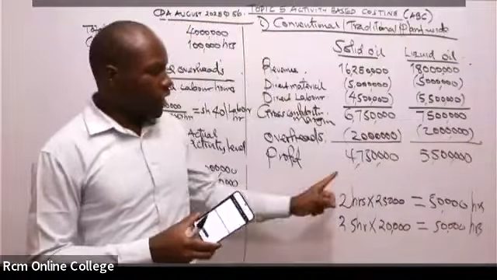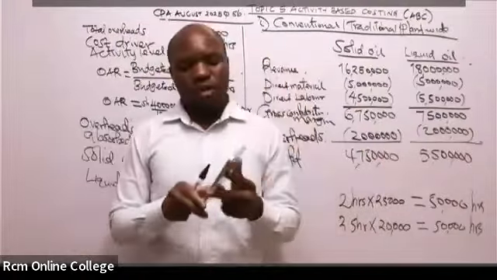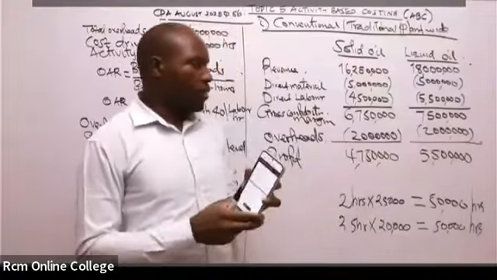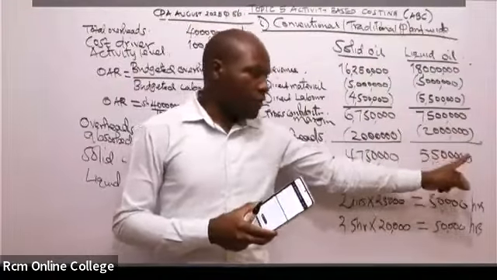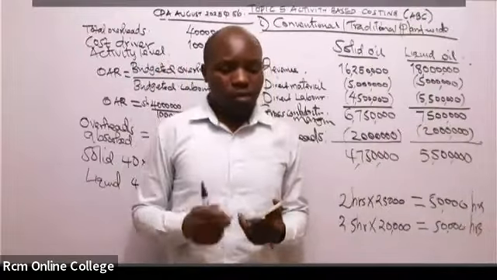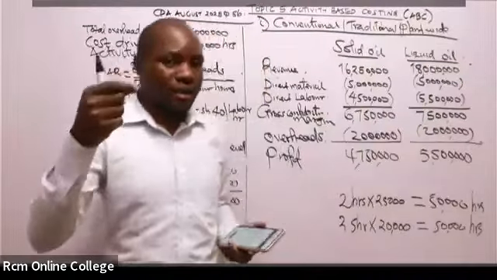The budgeted profit of 4,750,000 is for 25,000 liters of the solid oil. The 5,500,000 is for the 20,000 liters of the liquid oil. But in exams, we are required to get profit per liter.